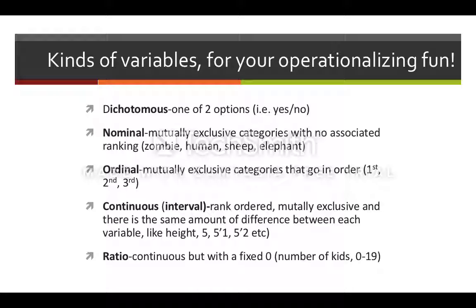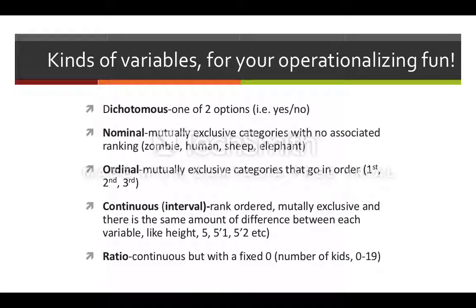You're in preschool for 2 to 3 years, but you're in elementary school for 6 or 7. So the interval in between those two categories is different. Whereas if we were talking about first grade, second grade, third grade, there's the same interval or amount of difference between each option. The difference between first grade and second grade is the same amount of difference as second grade and third grade.